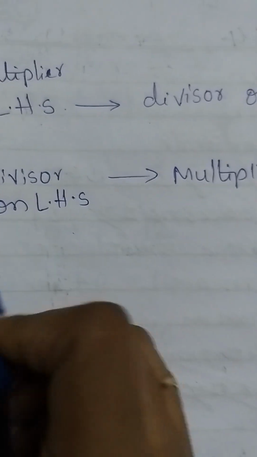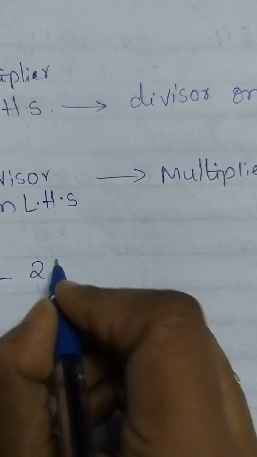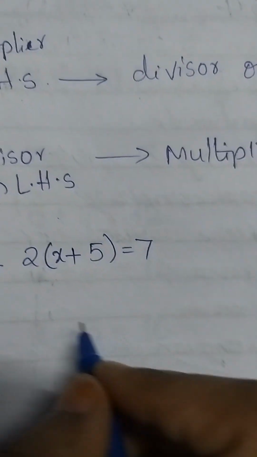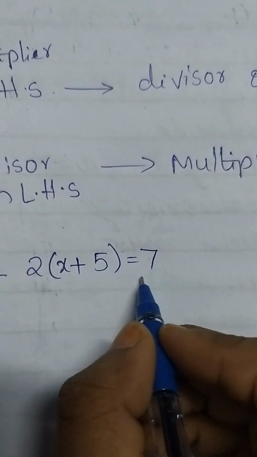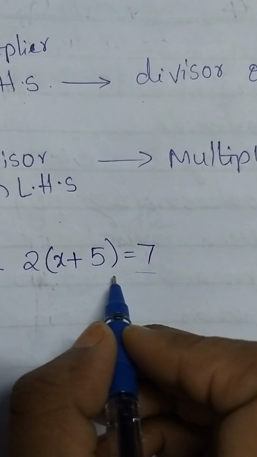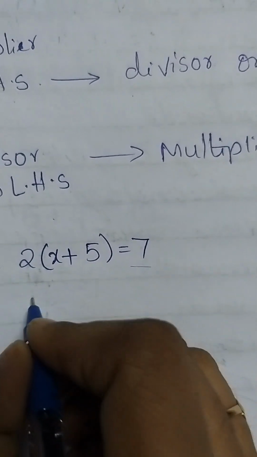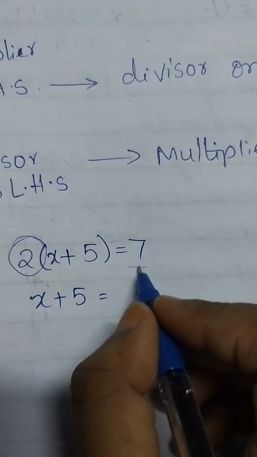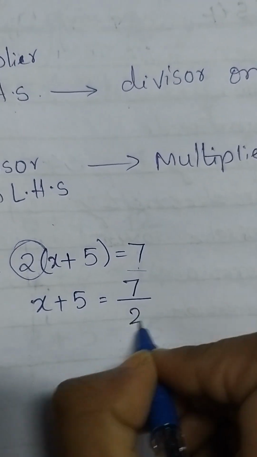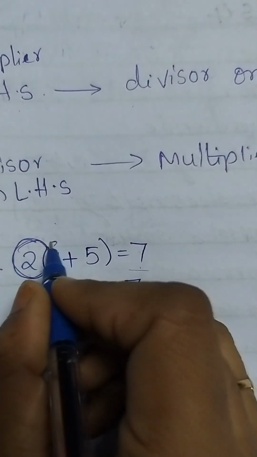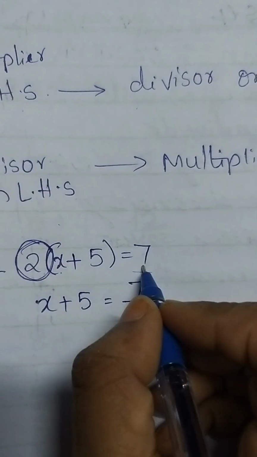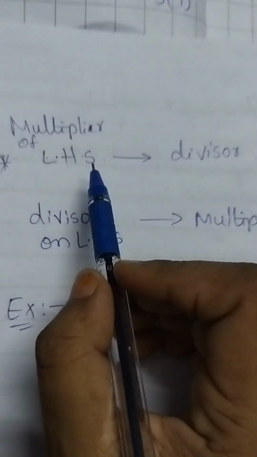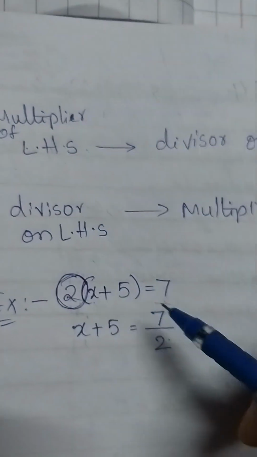How? I will show with an example. See, children, one expression is 2x plus 5 is equal to 7. What is this? It is an equation. Here it is an expression, here it is an expression. I will take this constant term to this side. 7 by 2. This is multiplication here, but when it comes here, it becomes a divisor.